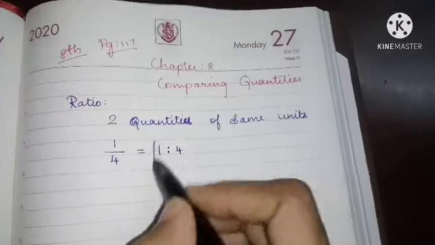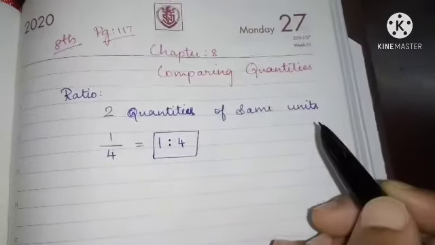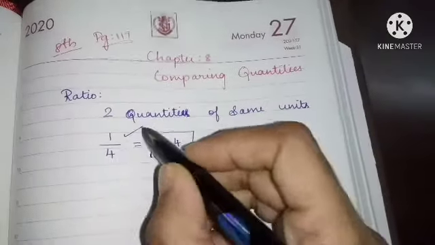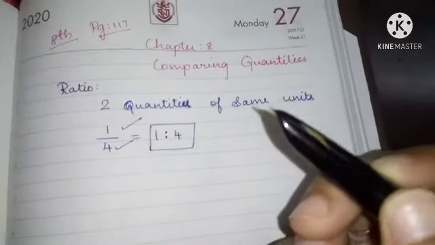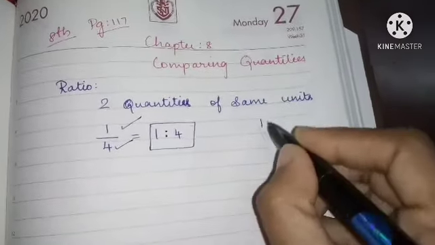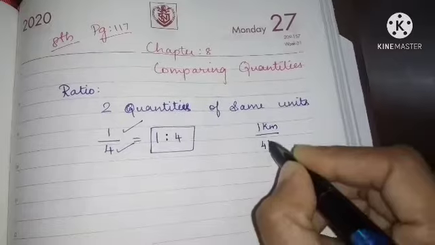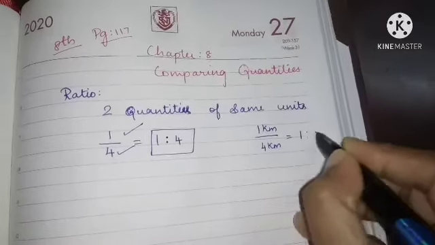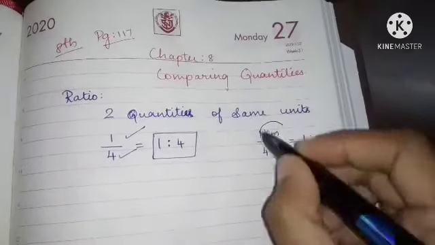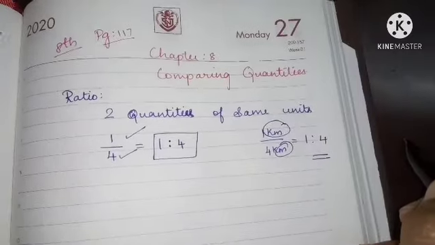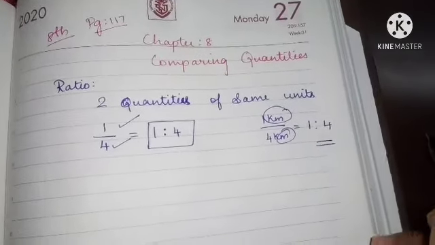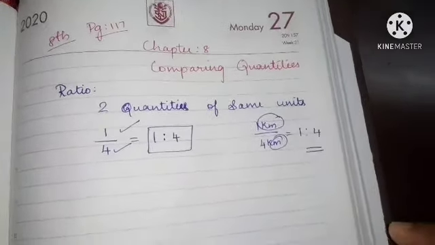This is the ratio, where you use the colon in between two values. So this 1 and 4 will be of the same units. For example, 1 kilometer by 4 kilometer is nothing but the ratio 1:4. Both will be in the same units, so you compare those two quantities by division. So that is called ratios.